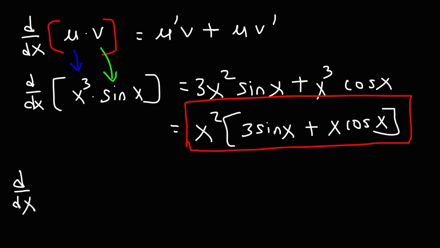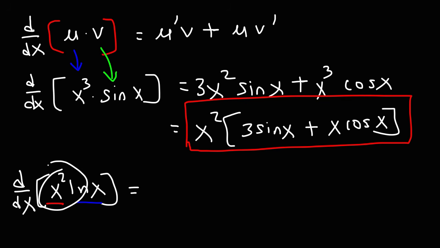What is the derivative of x squared ln x? So feel free to pause the video if you want to try that. So this is u and this is v. So let's begin by differentiating the first part, x squared. So we're going to get 2x, and then we're going to rewrite the second part, ln x.